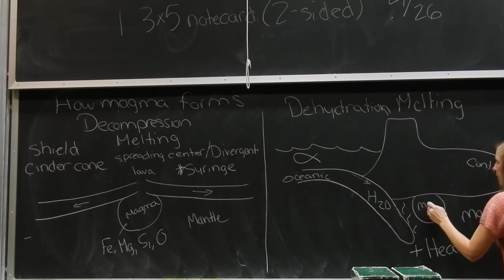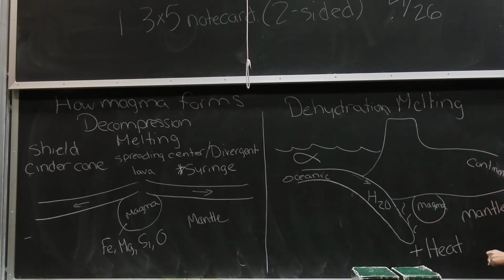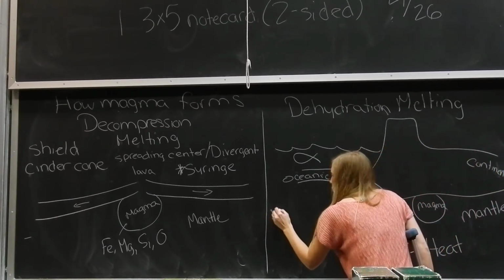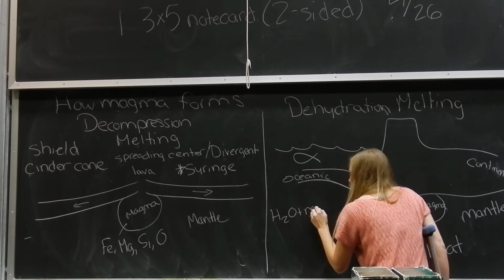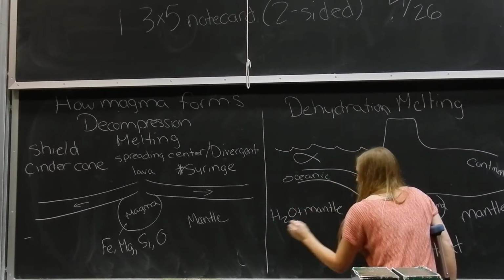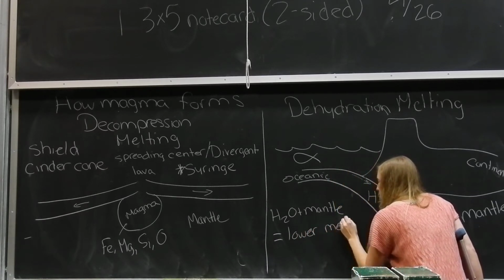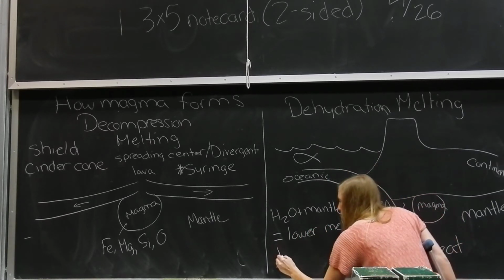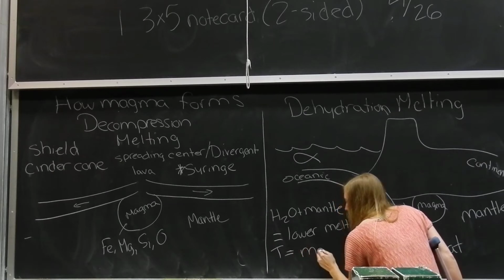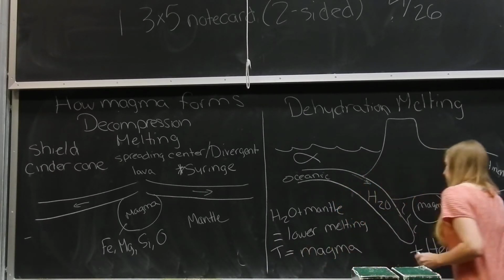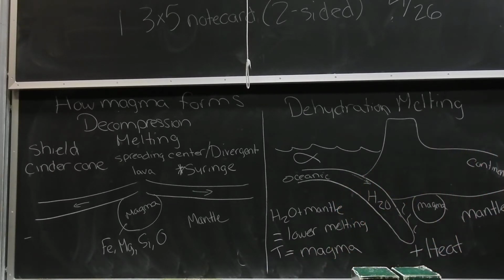And you get magma. H2O plus mantle equals lower melting temperature equals magma. Beautiful. Laws of physics, right?